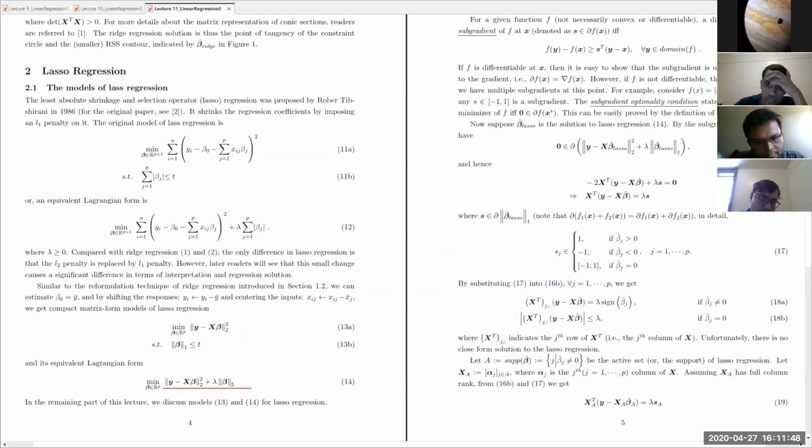Arab, do you know why this one is not differentiable? Abdullah, do you have any idea? This is not convex. Who tells you this is not convex?